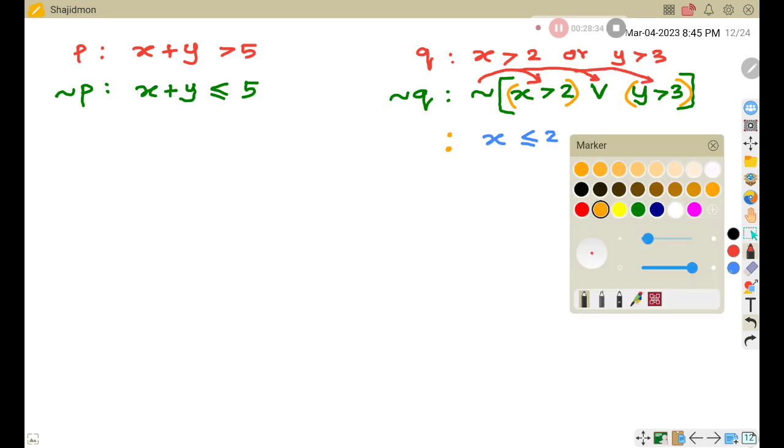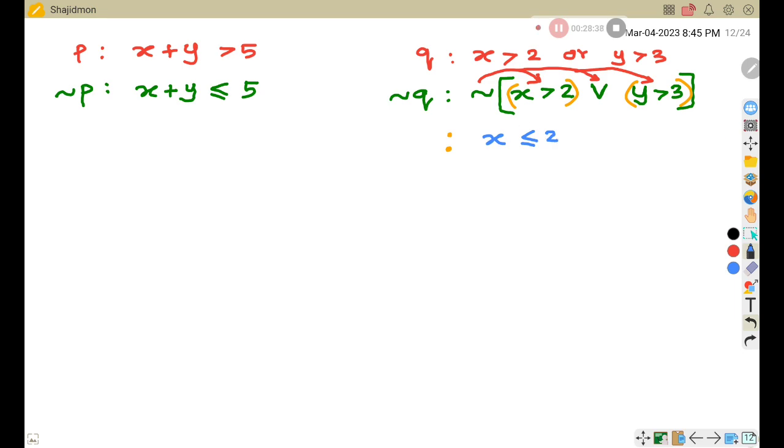So we get x less than or equal to 2. Now or becomes and, correct. y greater than 3 becomes y less than or equal to 3. This is the negation of Q. Hope you understood how we get the negation of Q here.